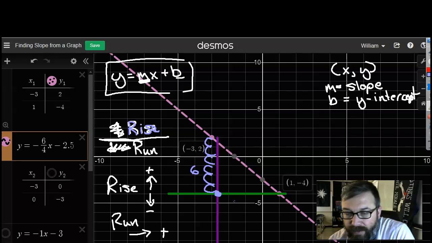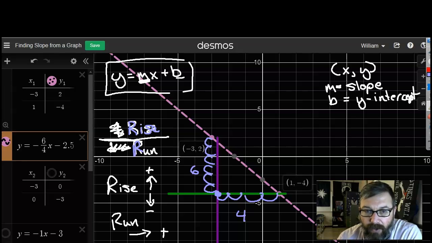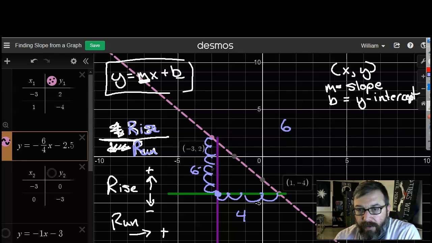So that's 6, and now I'm going to measure my run. 1, 2, 3, 4. So my run is 4. And look, I have rise over run. So I'm going to put that as 6, my rise going up and down, over my run, my left and right, which is 4.